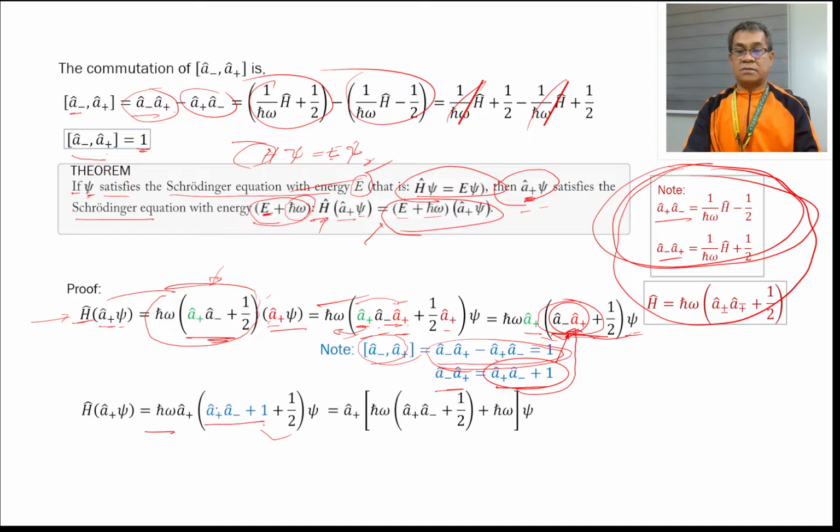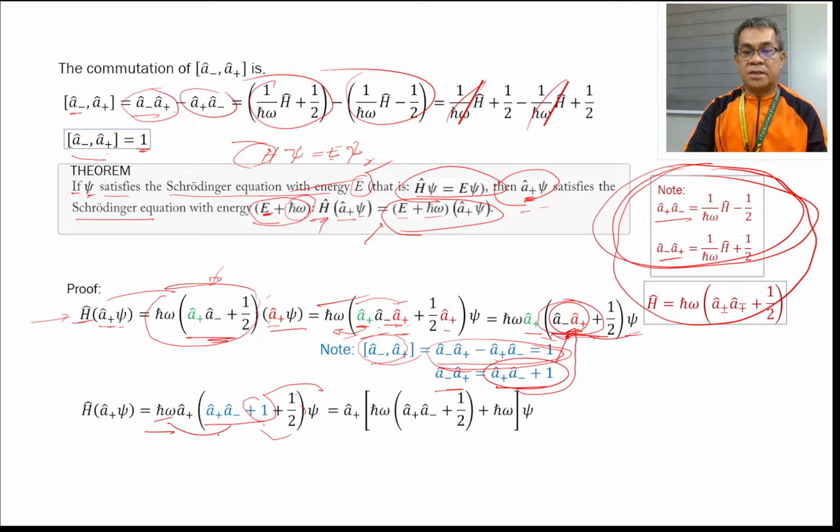Now in this case, what happened is we distribute the H bar omega here, but we move this to the next term. In mathematics, there's no such difference on that.